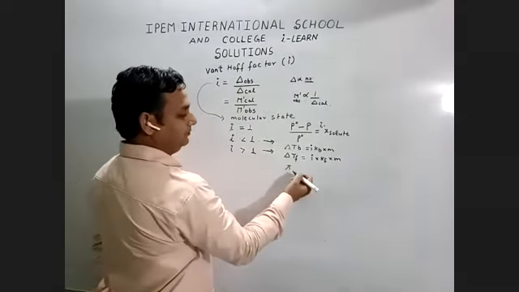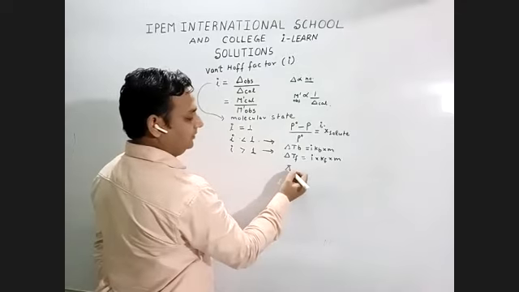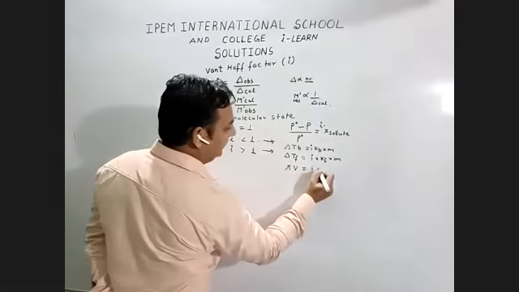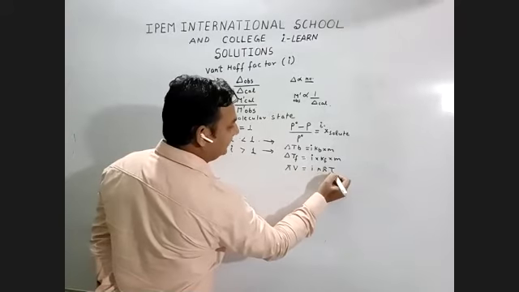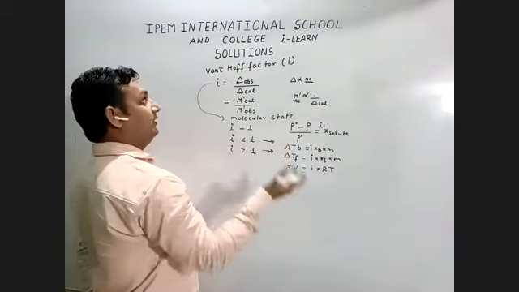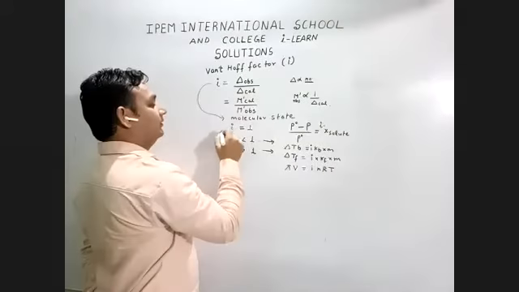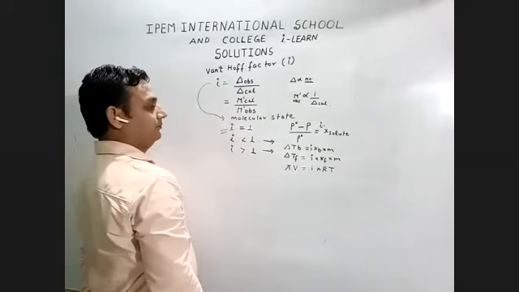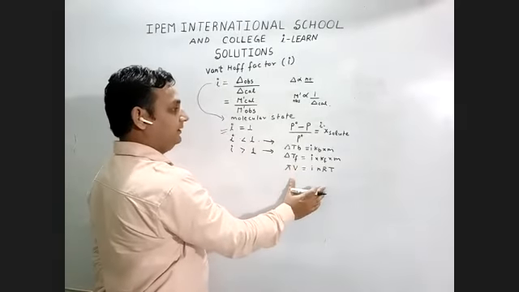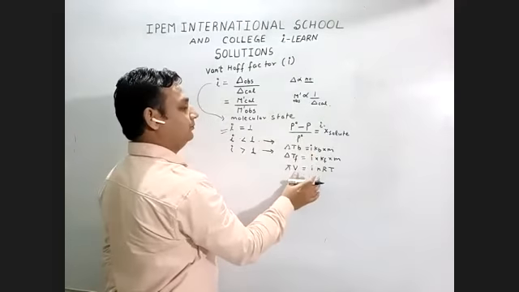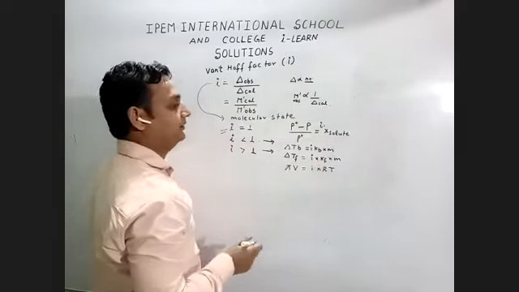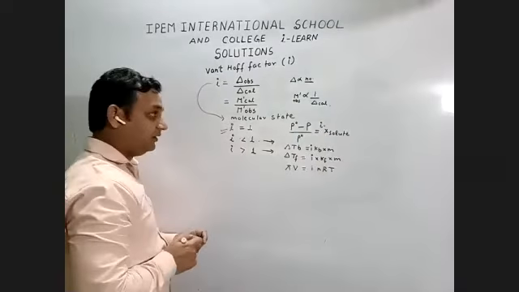Pi equals i, n, R, T. This is the modification of the colligative properties when the Van't Hoff factor is introduced. So this will become the modification of colligative property with respect to these colligative properties. All right.